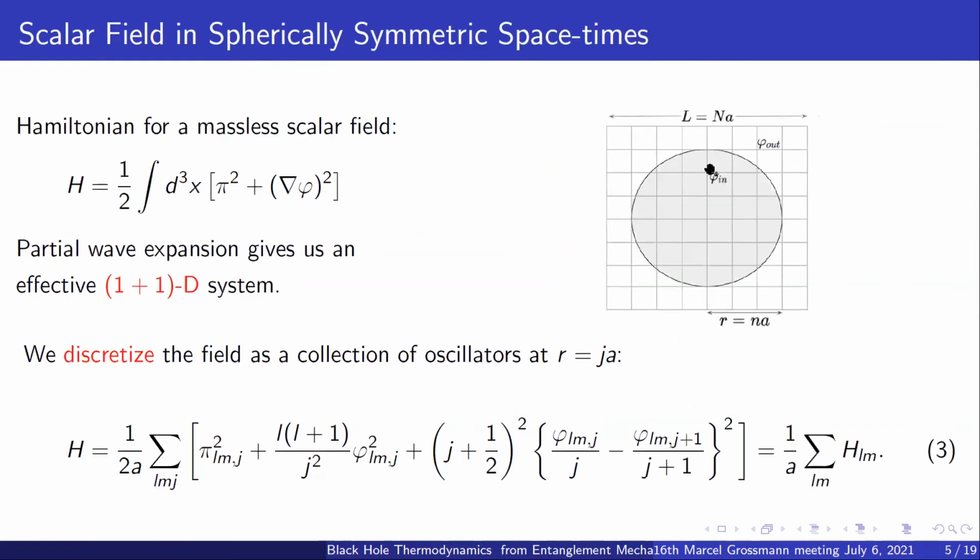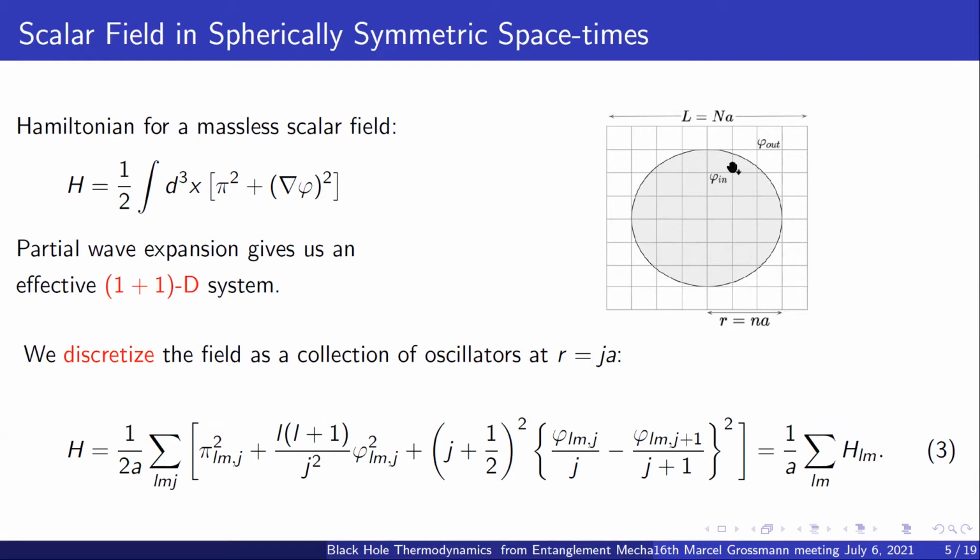Now, to have a physical understanding of what entanglement mechanics is, I'll circle back to this diagram again and first talk about entropy. So you can think of entanglement entropy as the net change in the information content of the system upon introducing this particular separating horizon. On the other hand, entanglement energy can be thought of as a net change in the vacuum energy of the system upon introducing this horizon.